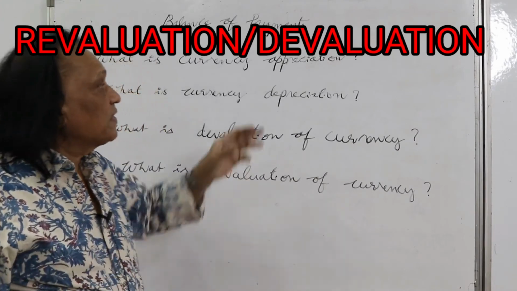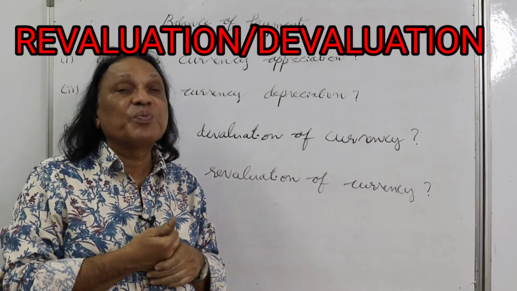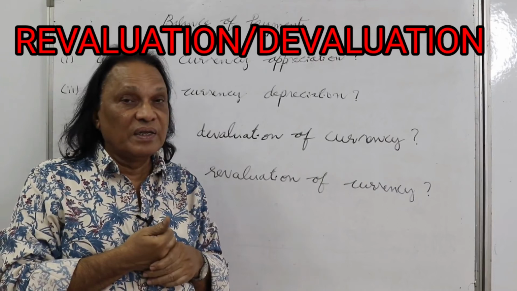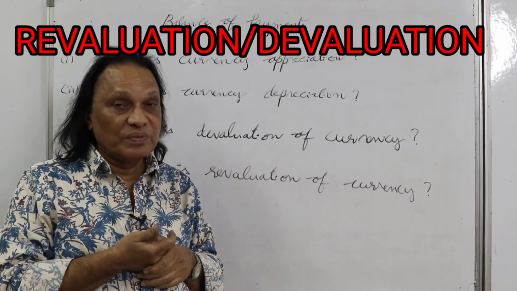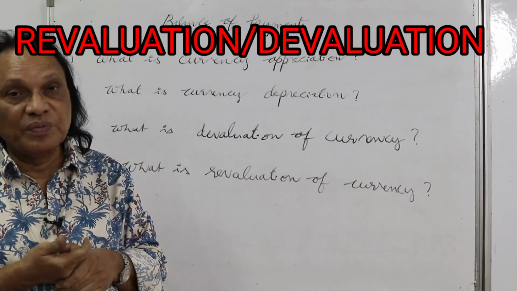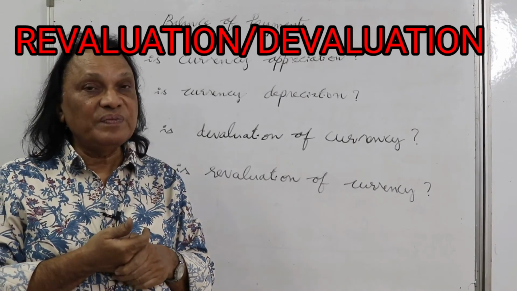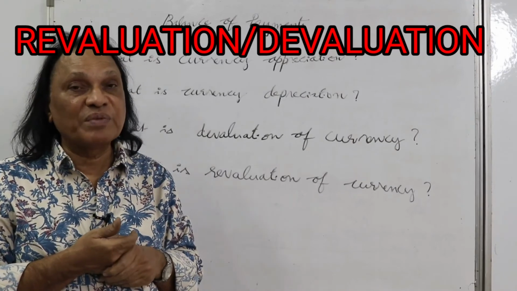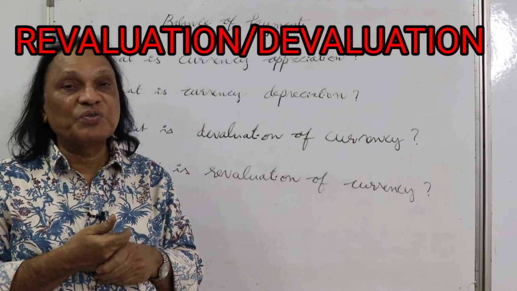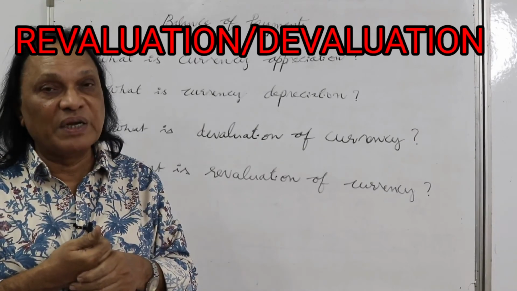So what impact does it have when our currency appreciates? Our exports will come down. When our currency appreciates, that means they have to pay more dollars. So obviously our exports will come down, but their goods look cheaper to us, hence our imports will go up. Keep that in mind.